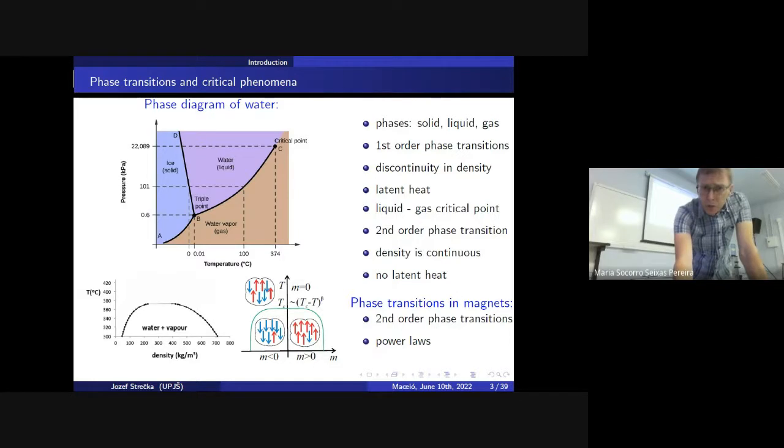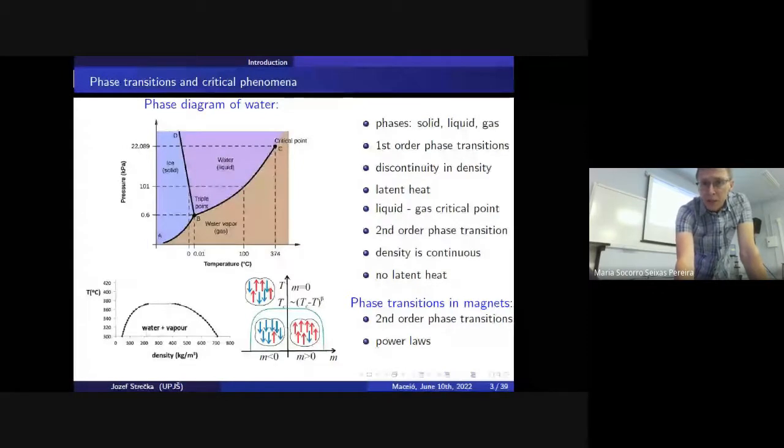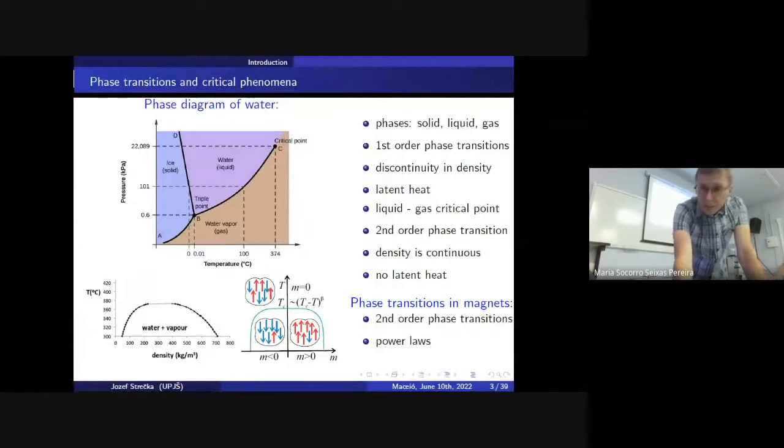Because if you move along this first-order phase transition line, the difference between densities of liquid and gaseous form of the water is gradually diminishing, and at this point, it in fact terminates. So we have a very special critical point, namely second-order phase transition. So density is continuous for this specific case of phase transition, and no latent heat is needed for that.